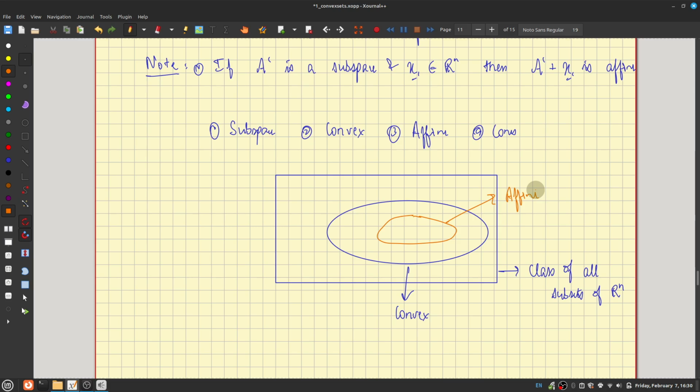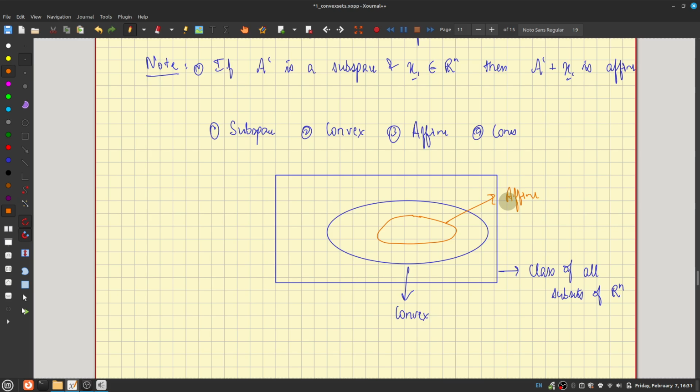What about the set of all subspaces? Is every subspace convex? Every subspace is convex because convex combinations are special. It's a special category of linear combinations, and subspaces are closed under all possible linear combinations. Is every subspace an affine set?